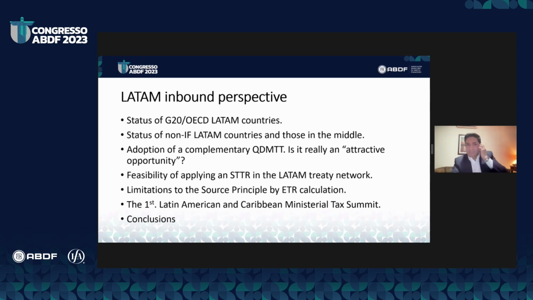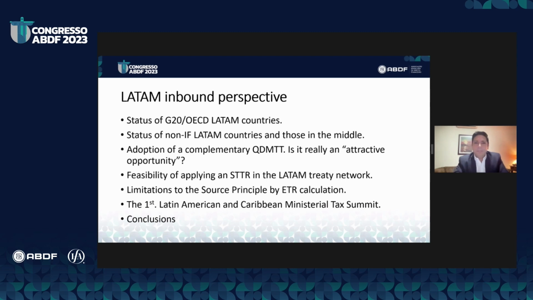However, it is expected that Mexico will continue to be aligned with the OECD. I think a statement was issued within the ministerial summit also, that they will be aligned with the OECD, but I think it will be in a very different timeline.